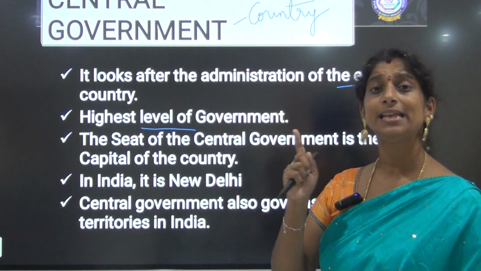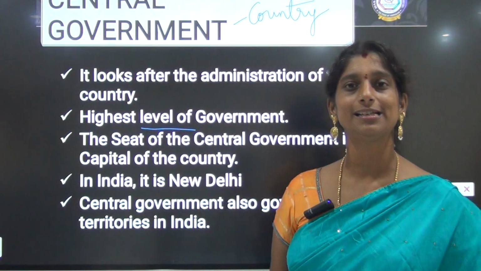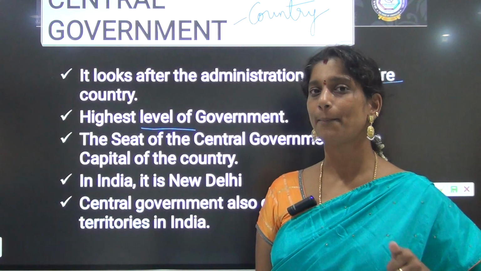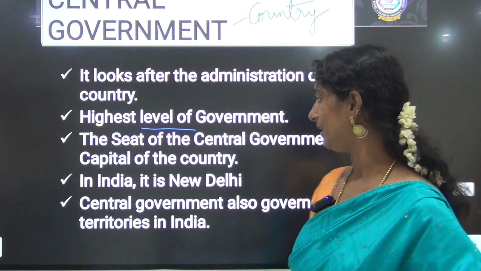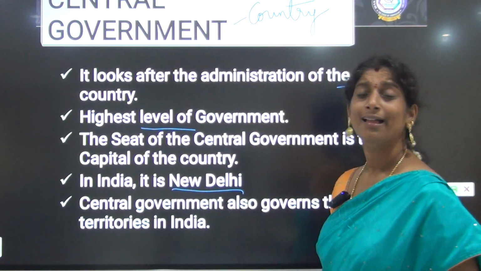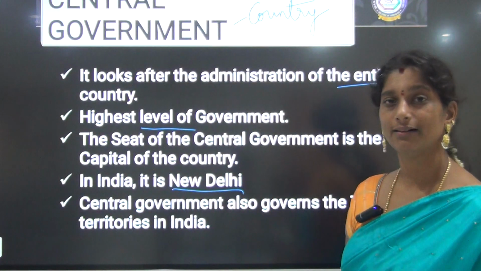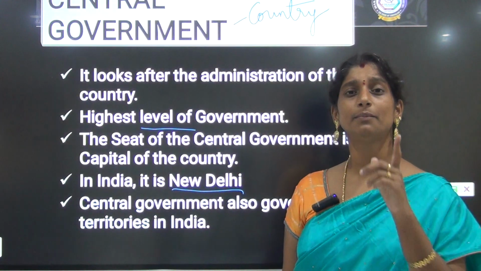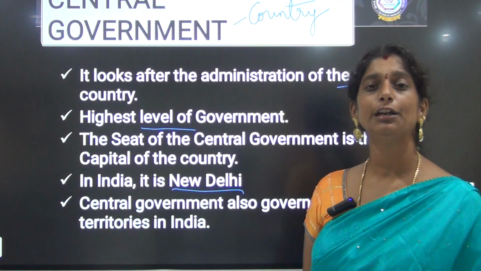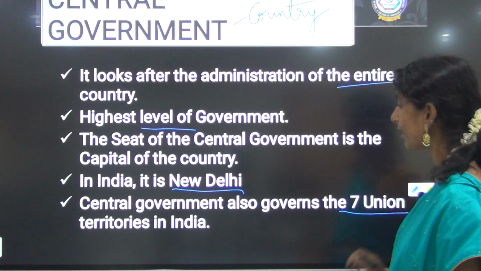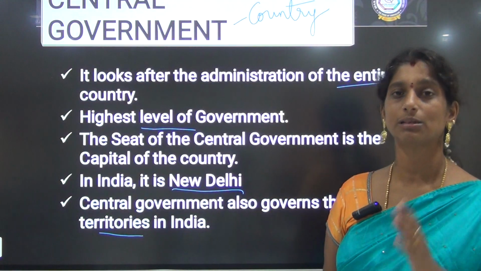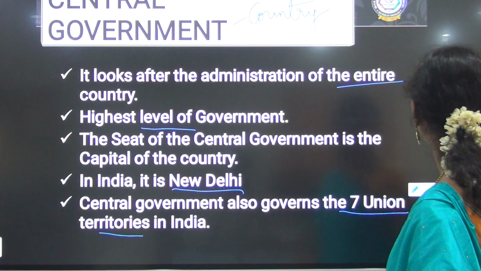Okay, so the seat of the central government is said to be the capital of the country. Okay, so for India, the capital of the country is New Delhi. Very good. So this is how the central government is formed. And for India, the central government also governs the 7 union territories. Okay, so all these union territories also come under the central government. Clear?